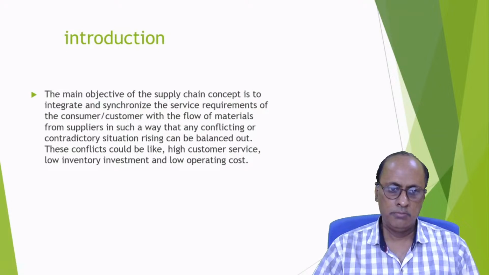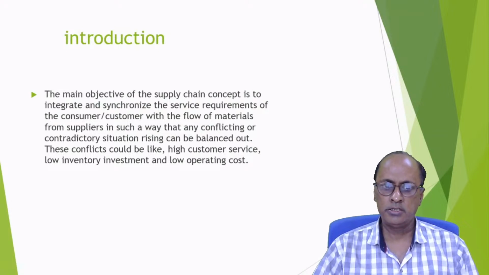So the main objective of the supply chain concept is to integrate and synchronize the service requirements of the consumers with the flow of materials from the supplier, in such a way that any conflicting and contradictory situation arising can be balanced out. These conflicts could be like high consumer service, low inventory investment, or low operating cost.